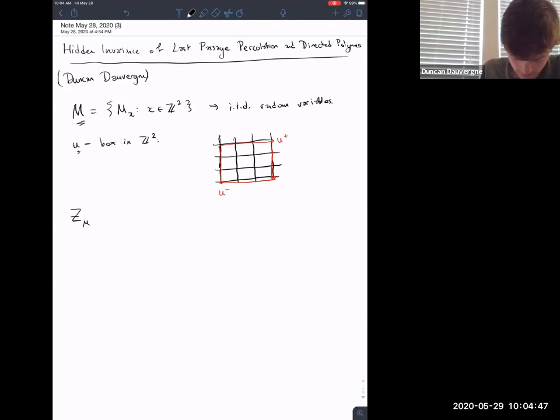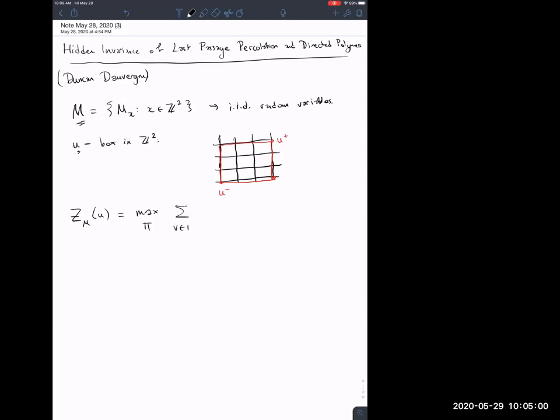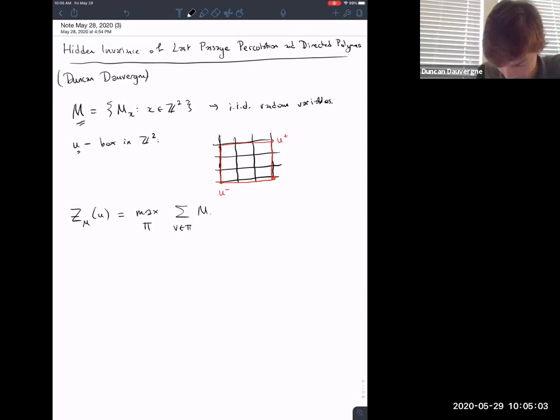So this is just Zm of U. And it's going to be the maximum over all paths pi, which I'll specify in a second, of the sum of the vertices in pi of the weight at that vertex. So here, this maximum is over upright paths pi going from U minus to U plus.